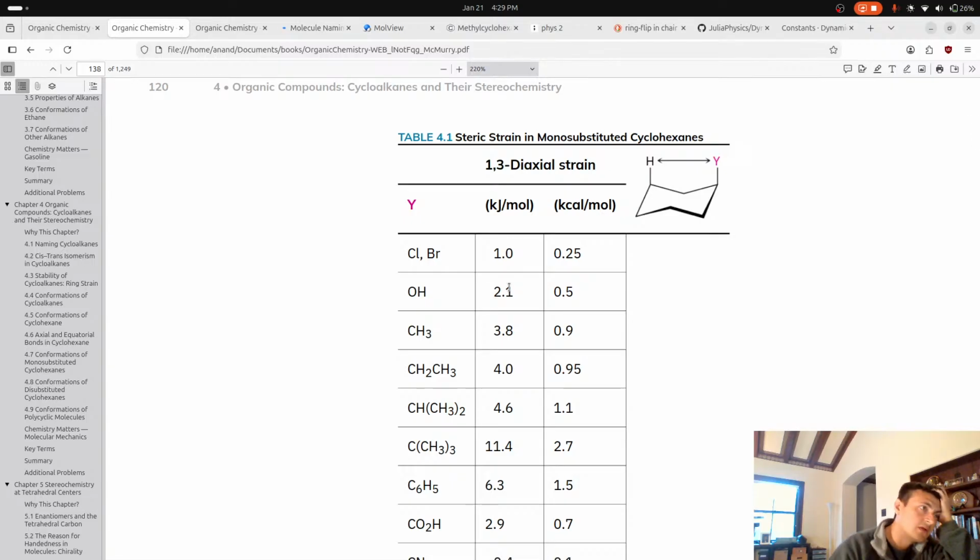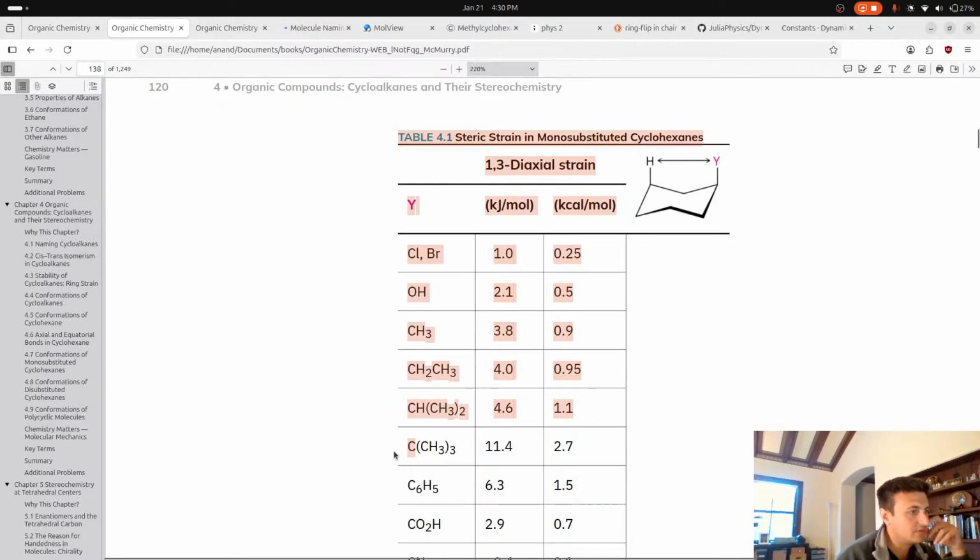Chlorine, hydroxide, methyl, ethyl. What is this? Propyl. I guess this is propyl. This is isobutyl. What do they call it?